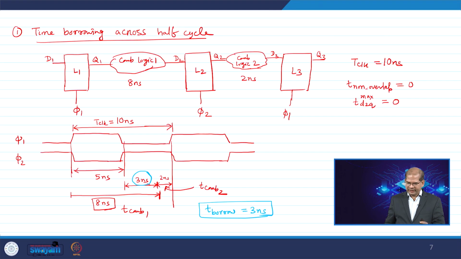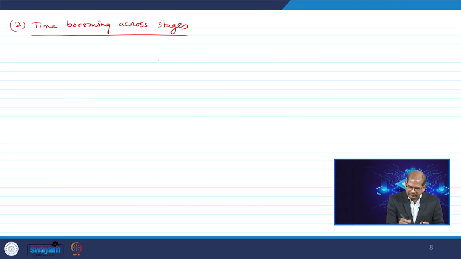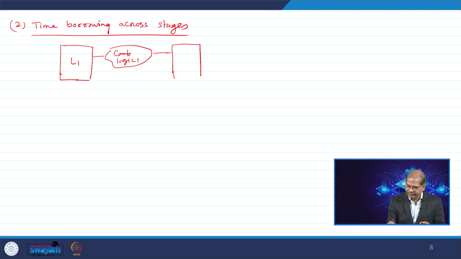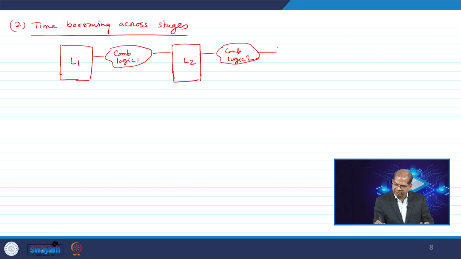Take the same example: L1, L2, combinational logic 2, then you have a latch 3.